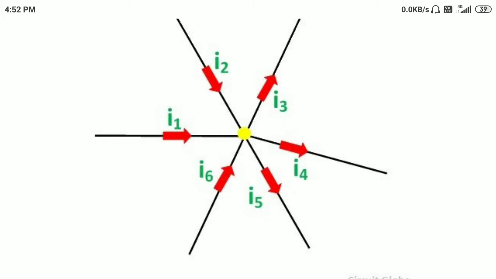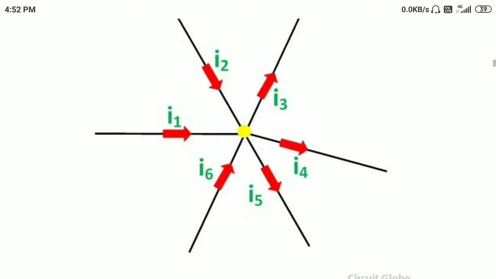Here the currents I1 and I2 are entering the node, and I3, I4 and I5 are leaving the node.